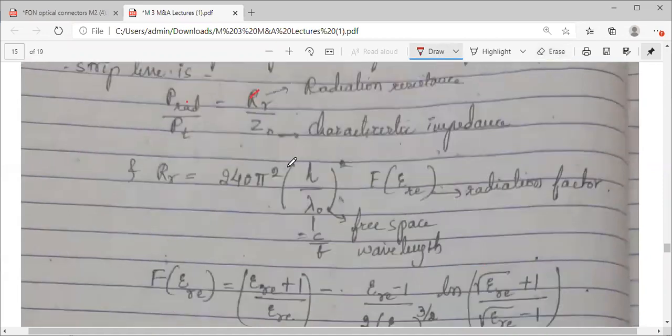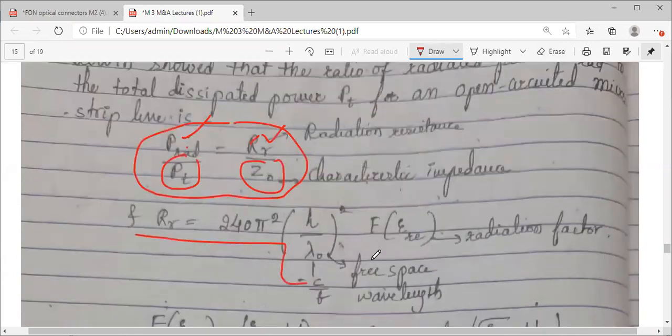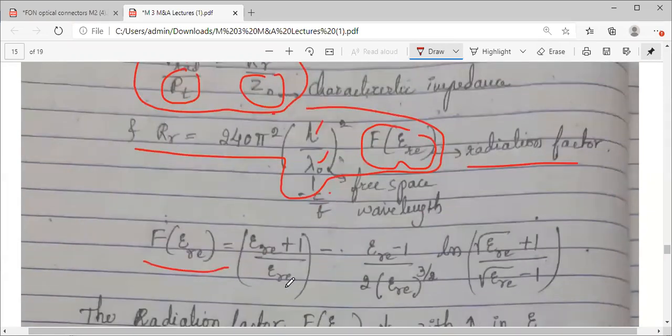Okay. So what we can do? Let us take this equation. In this, PT is given to you and Z naught we have calculated. We want P radiated. So for this, I want RR. Check the RR equation. Here height is known to you, lambda naught is known to you, that is C by F. This F of epsilon RE, radiation factor, is unknown. Go back.